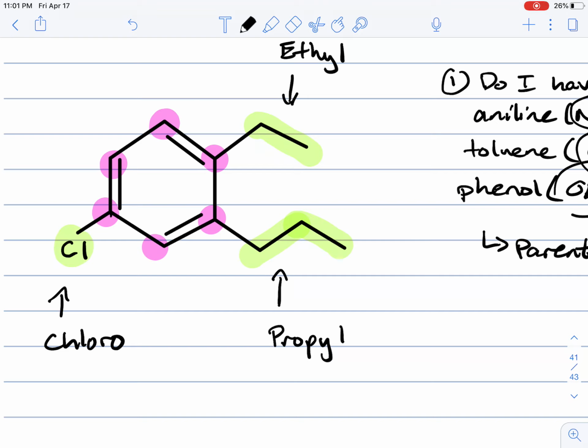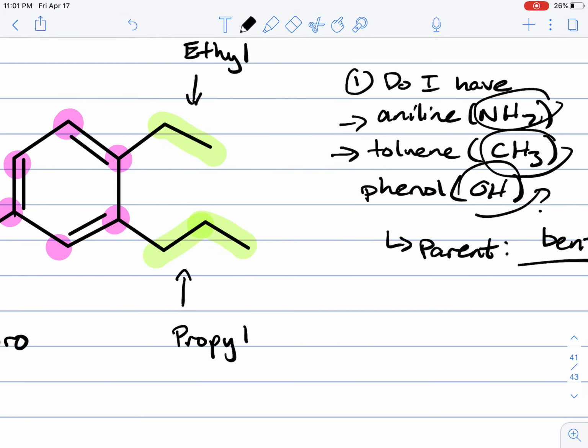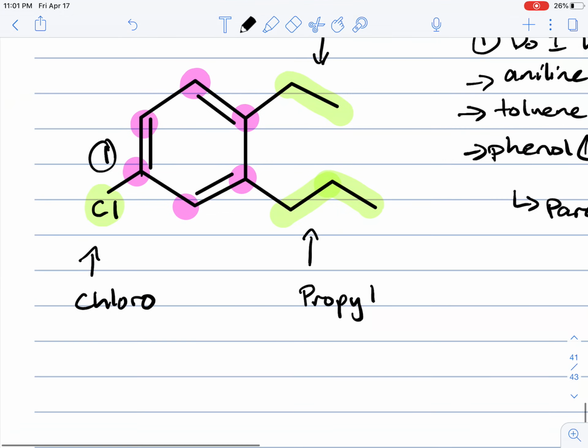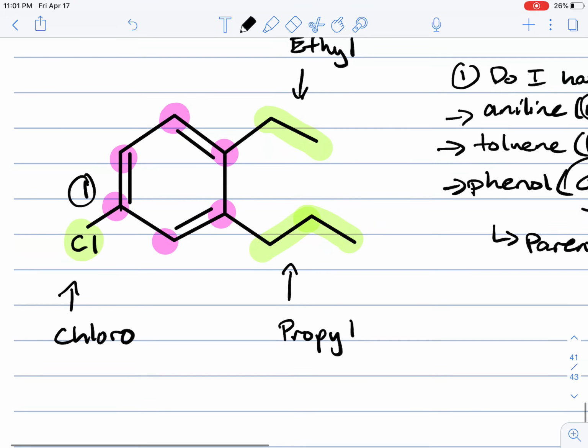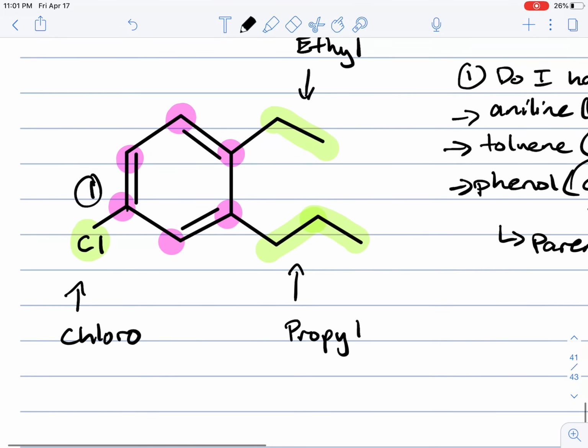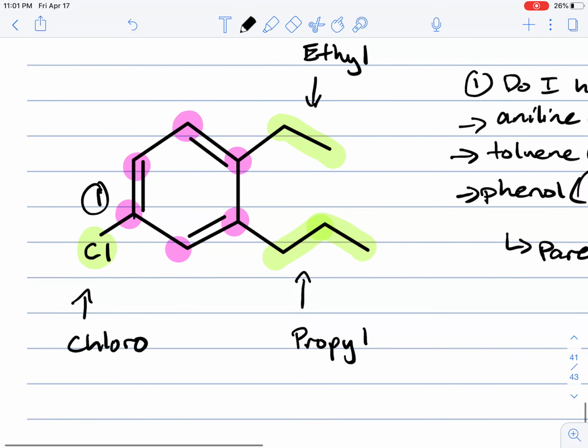All right, so we're just going to say that chlorine is carbon number 1. Because I don't have aniline, toluene, or phenol, I need to figure out which of these substituents is carbon number 1. If I arbitrarily say that chloro is carbon number 1, then if I go clockwise, this is 2, 3, 4, 5, 6, and then that's it.